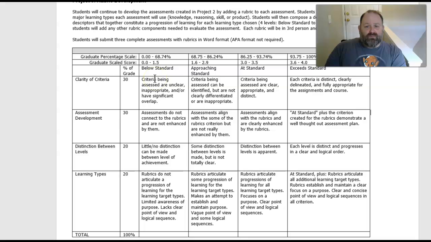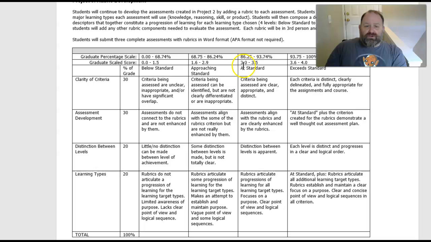It needs to be clear what the different levels mean, not just as far as scoring, but as far as what in their developmental area they need. Some classes, for example a volunteer class or a class where there are no grades, the rubric could just be below standard, approaching, at, or exceeds. If there are going to be points attached to it, you also want to demonstrate what those points are.